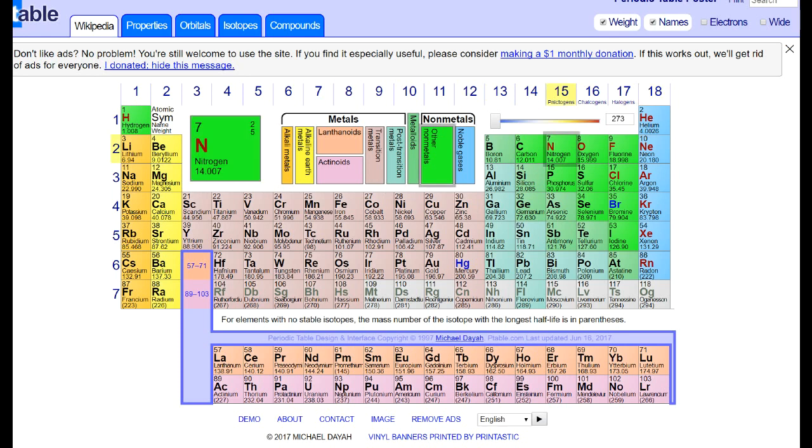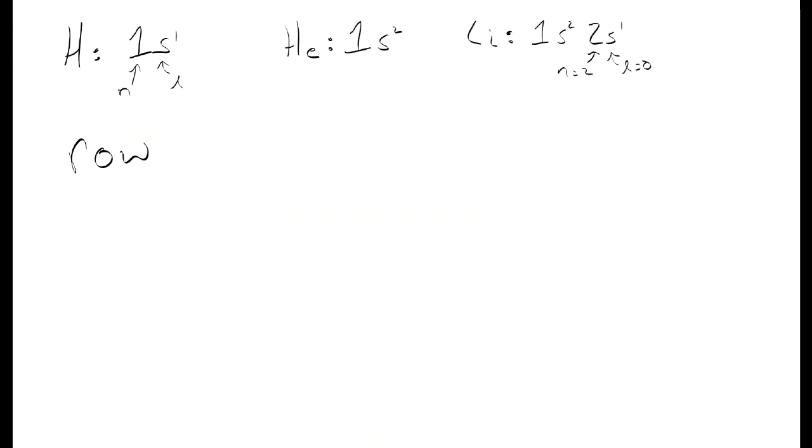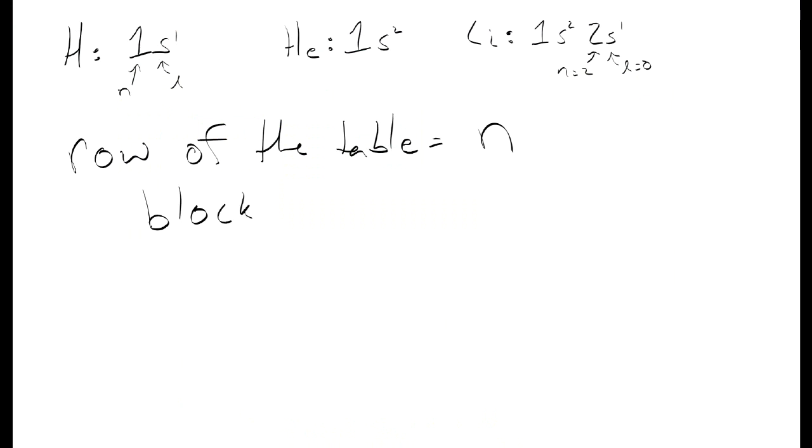So that is how this particular method works. The row of the table equals N. And then, what block are you in?